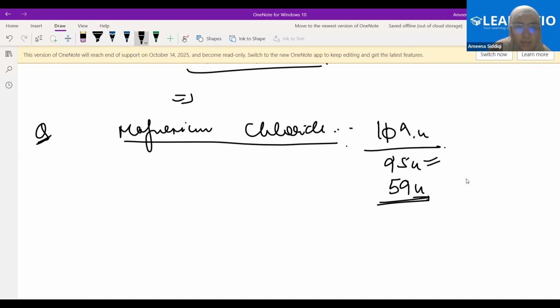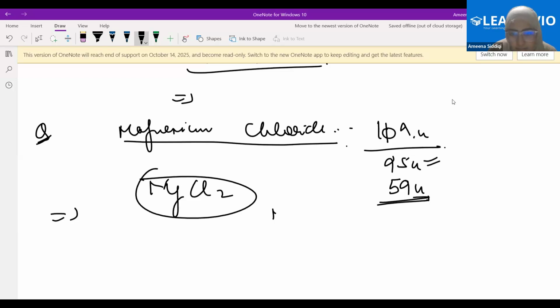Nikhil, bache, turn the camera on. Let's see this. Very simple. We all will calculate together. What's the formula that you're getting for magnesium chloride? Mg, the valency is 1, the chloride is 2. The correct is this. Mg is +2, chloride ion being -1.